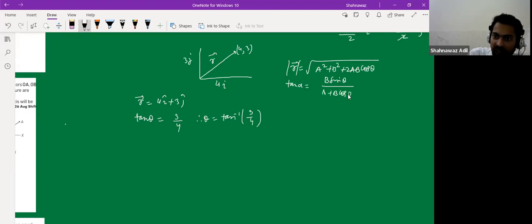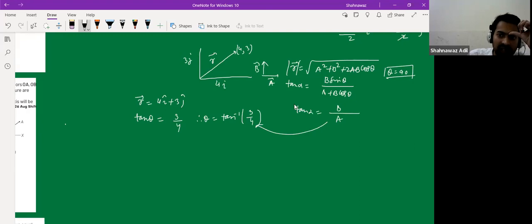And if your theta was 90 degrees, the angle between the two vectors, then this alpha would be how much? Sine 90 is 1 and cos 90 is 0, so b by a. Again, this kind of solution.